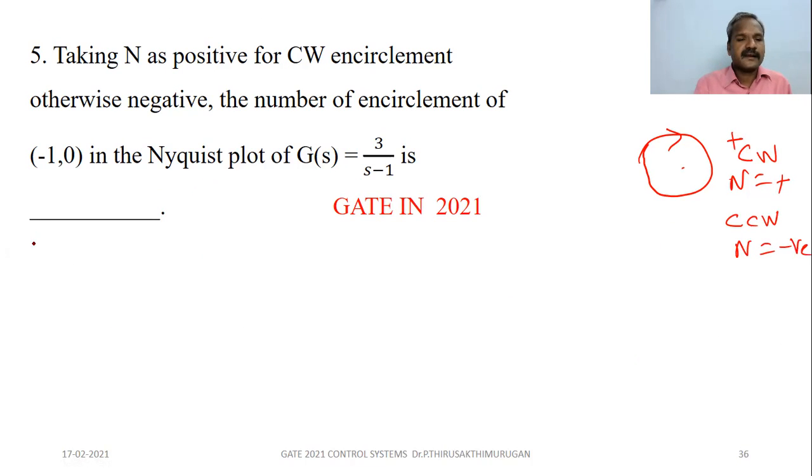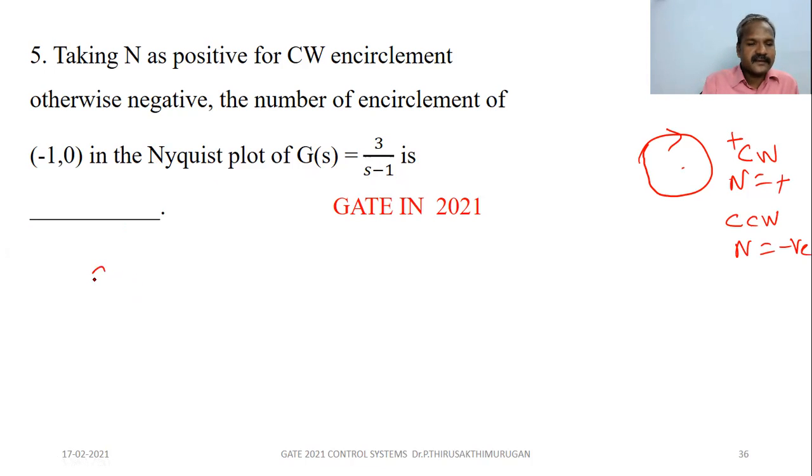The number of encirclements around the point minus 1 in the Nyquist plot of G(s), where G(s) equals 3 by s minus 1, what is the value of n?